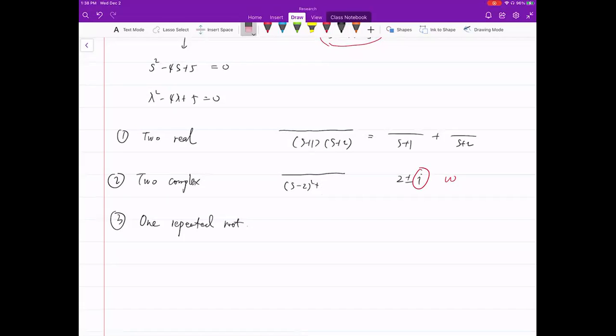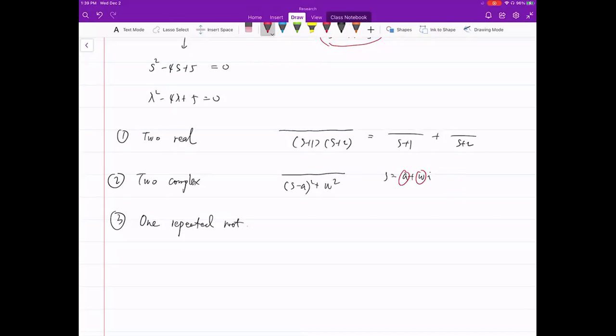To be more precise, I can change this to be a general number, (s minus a) squared plus omega squared. That will be what you get. If you set this one to be 0, you will have s equal to a plus omega i, which is fantastic because this part gives you the omega in the cosine. This part gives you the shift. The shift gives you the exponential.